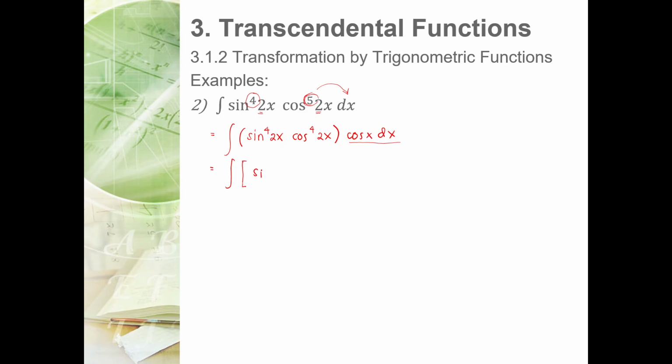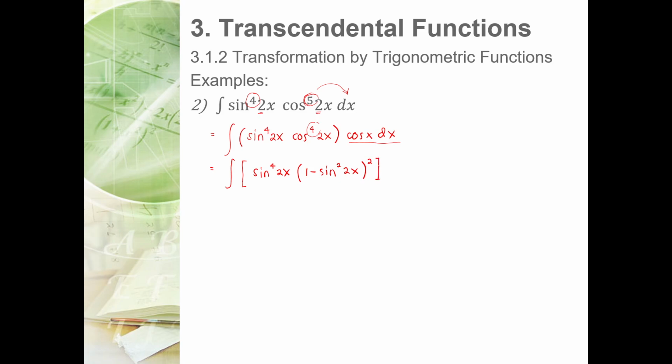So sine to the power of 4 2x. Since this one is to the power of 4, meaning there are two cosine squared to replace, right? So this becomes 1 minus sine squared 2x and then squared, since it's to the power of 4.